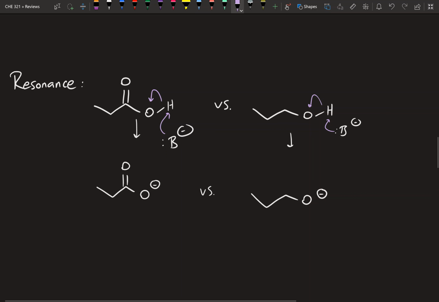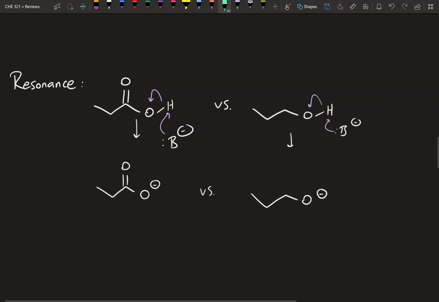Remember that our whole job is to see which conjugate base is going to be the most stable, and we're dealing with electrons here. If we can spread out or delocalize electrons, they're going to be more stable since they're not tightly concentrated in one region.